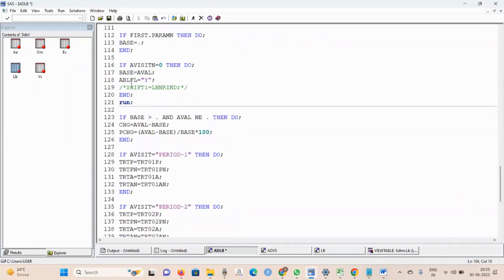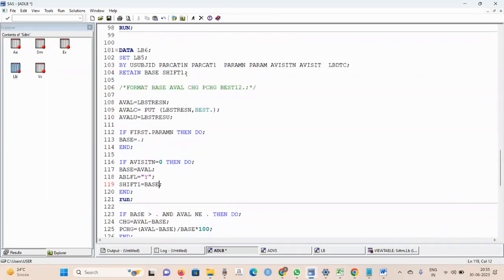So why did he put LB range indicator? Actually, this is a base, don't confuse with that one. And I put the shift retain for base for everything. Since the base is the AVAL value, it's going to be the same thing for all the shift values. So I remove this one.